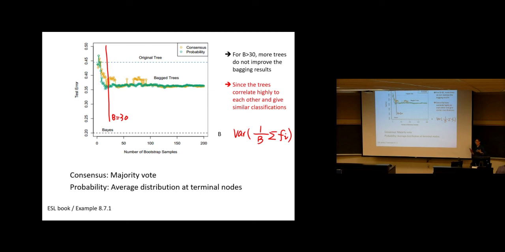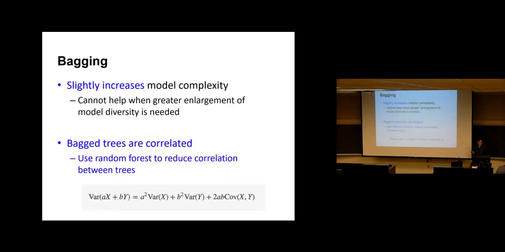And that means the whole variance of this summation, this ensemble, this bagging of trees, is not necessarily reduced if the covariance is too big compared to each individual tree. So this is the final summary conclusion I want to make about bagging decision trees. The whole reason is that they're very correlated. It only slightly increases the model complexity.